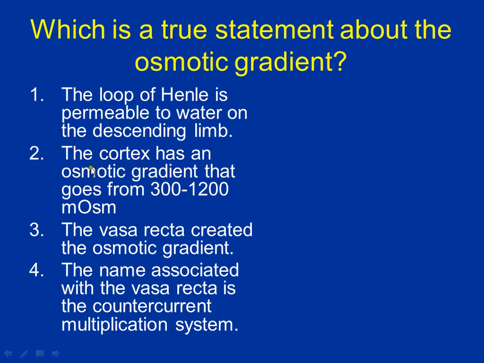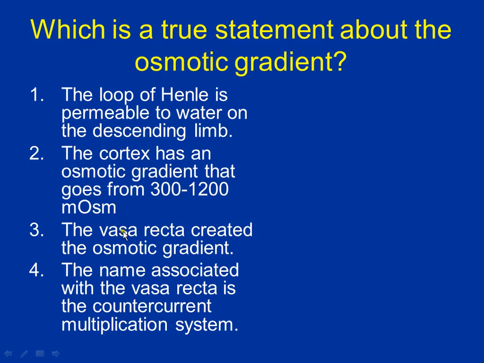How about number 2? The cortex has an osmotic gradient that goes from 300 to 1200. Why is it false? That's the medulla, right? The cortex stays at 300. How about number 3? The vasa recta created the osmotic gradient. What created the osmotic gradient? The long loop of Henle. What's the vasa recta do?